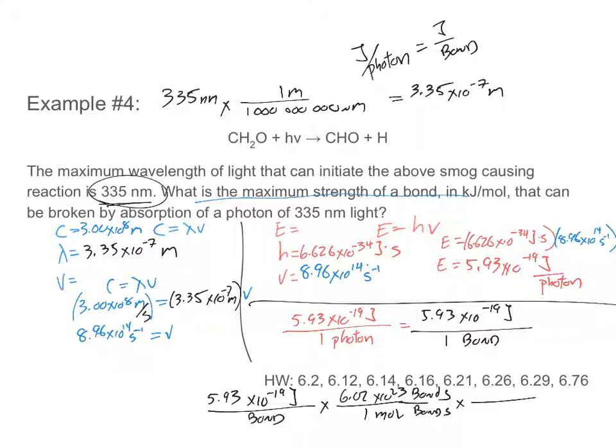And then I know that 1,000 joules is equal to 1 kilojoule. So when all is said and done, I plug this into my calculator, I find out that there are 357 kilojoules per mole.